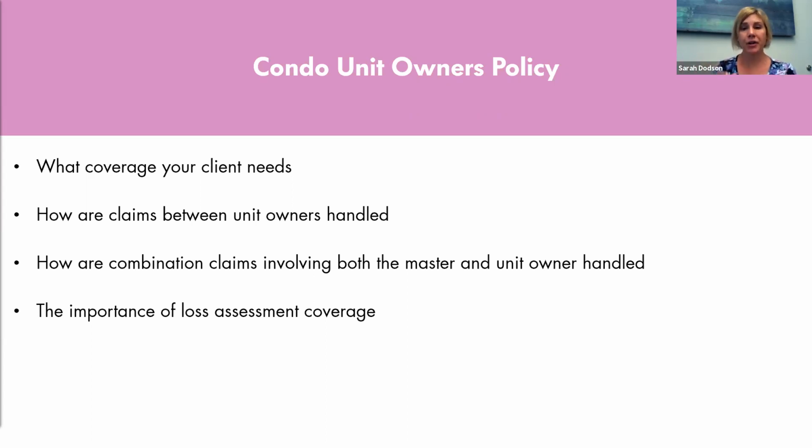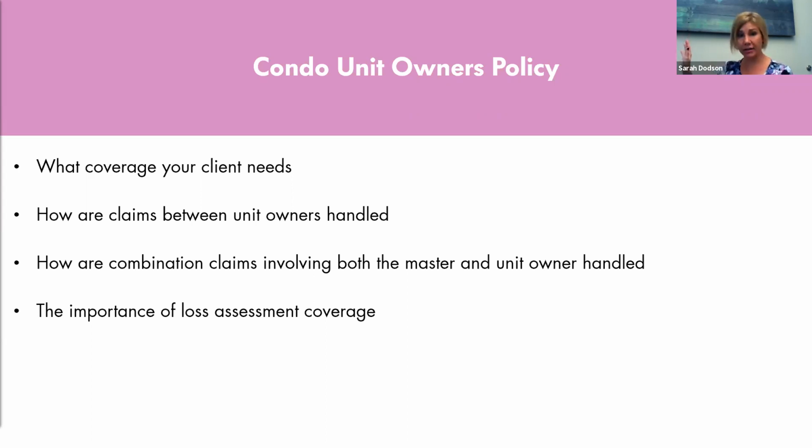They own the interior of the unit and therefore need coverage for the portion of the unit they are responsible for insuring. So the interior walls in, as well as any of their personal belongings that they bring into the condo, and liability protection.